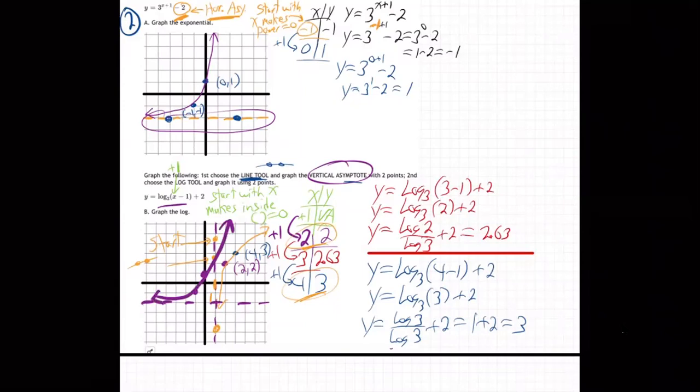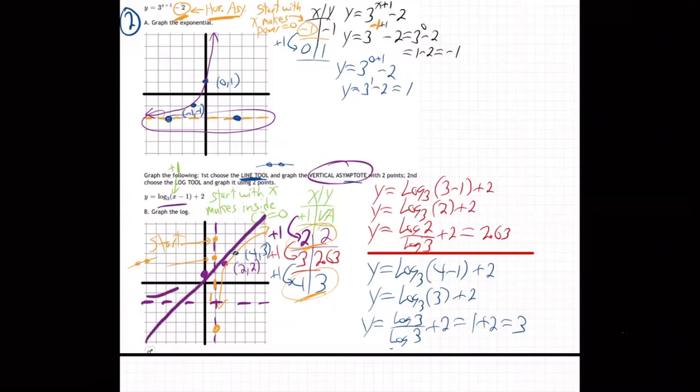See how those guys look like mirror image reflections of each other? They're close to it. The logs and exponentials are inverse functions of each other. That's kind of the point of this example, to show you that these guys are mirror images. Mirror images across the diagonal line.